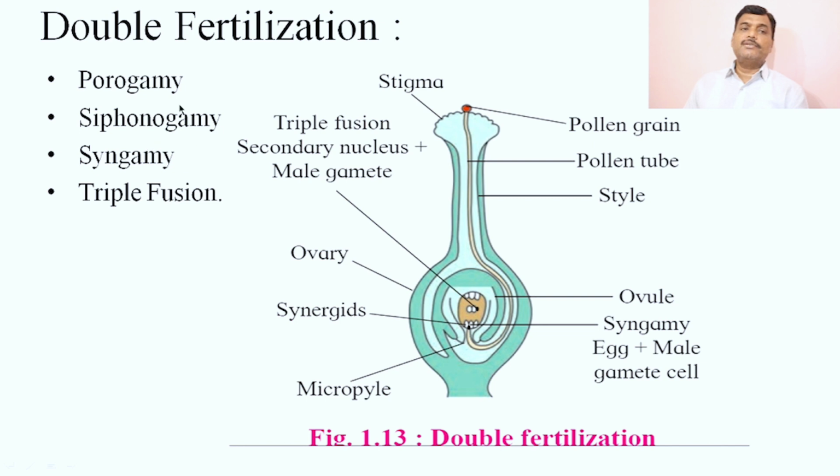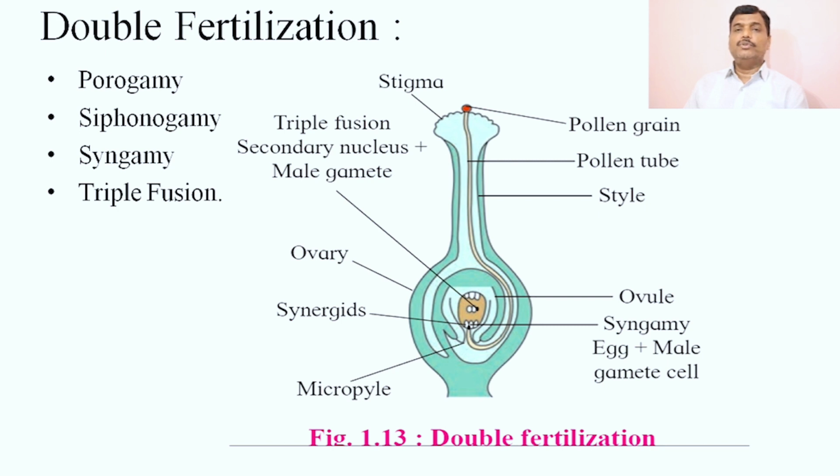The second process is known as siphonogamy. Siphonogamy is the movement of the non-motile male gametes with the help of the pollen tube into the ovule. We know that in angiosperm, the pollen grains are non-motile.